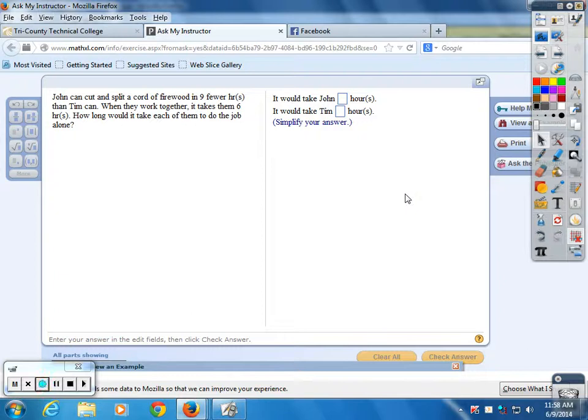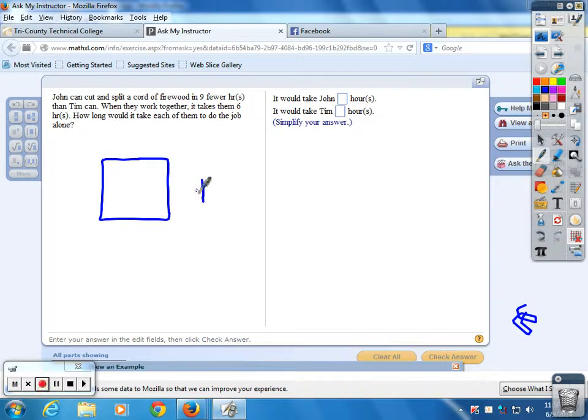All right, when you set up a problem like this, you know that you've got to have one guy here plus another guy here, and they're going to equal the same job.